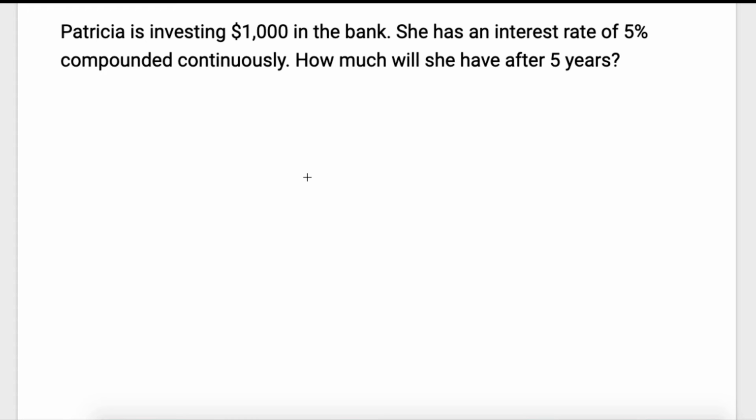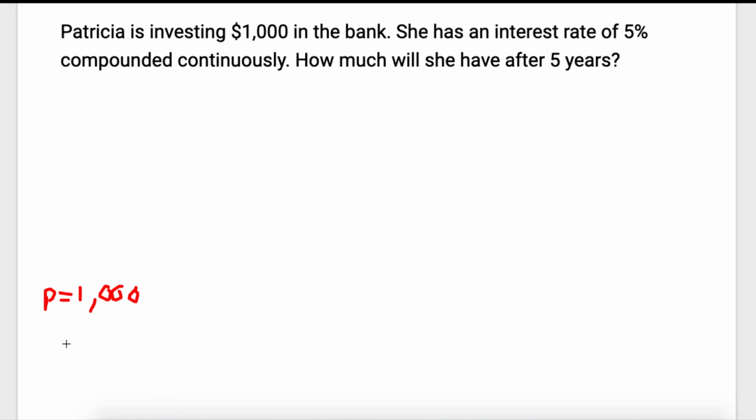Just like the previous problem, let's take a closer look and see what's given to us. So we know we have an initial value of $1,000, so we can say that P equals 1,000. We also know that e is a constant, so we don't have to worry about that.